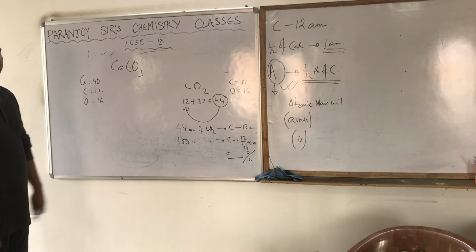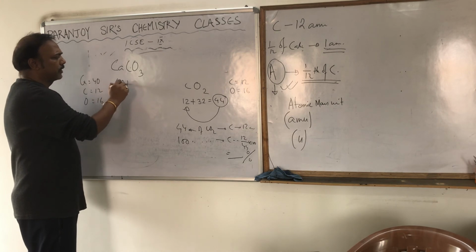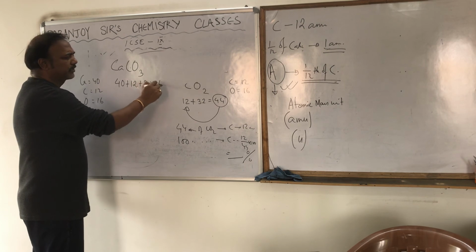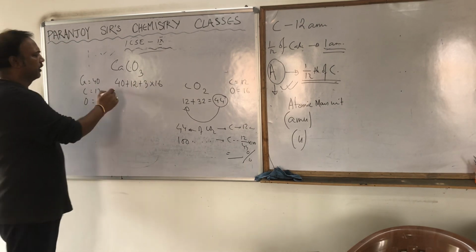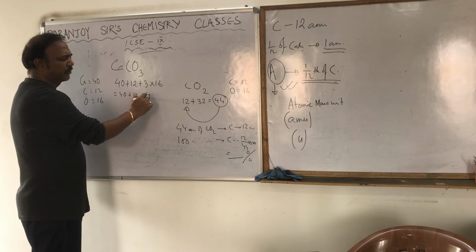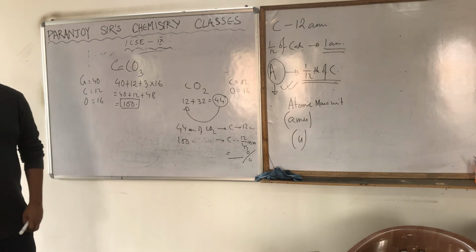So the molecular mass of calcium carbonate is 40 plus 12 plus 3 into 16, which is 48. So it is 100. The total mass of calcium carbonate is 100.